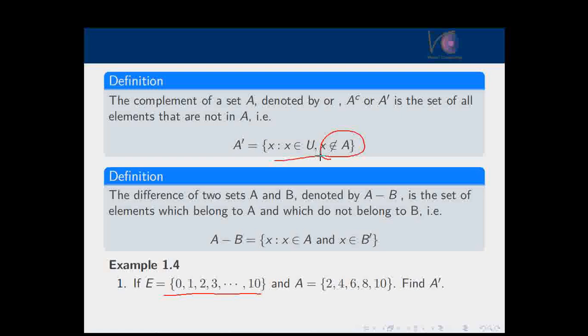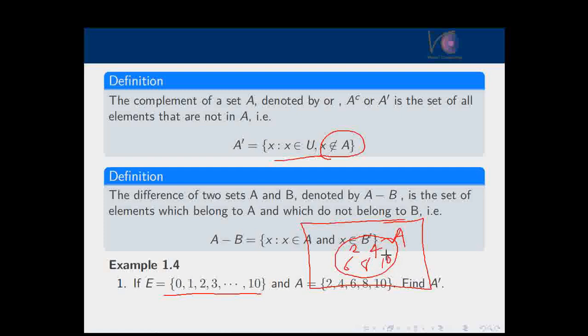To do this quickly and in a way you are going to understand, you can first begin by showing what your universal set is. Under the universal set, we are only looking for one set, which is set A. In set A, you only have 2, 4, 6, 8, and 10. You're having 5 elements.